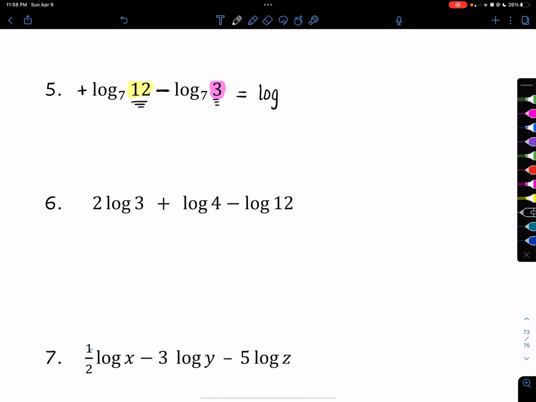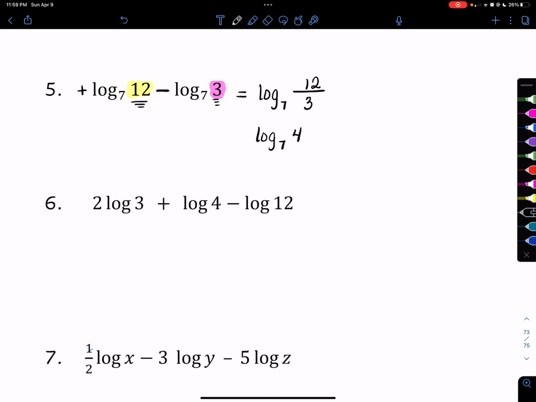So when we write this in one term, log base 7, right now when we're condensing, it'll always be just a positive log. I know there's going to be a fraction. 12 is in the numerator. 3 is in the denominator. And when I simplify this, I've got log base 7 of 12 divided by 3, which is 4.